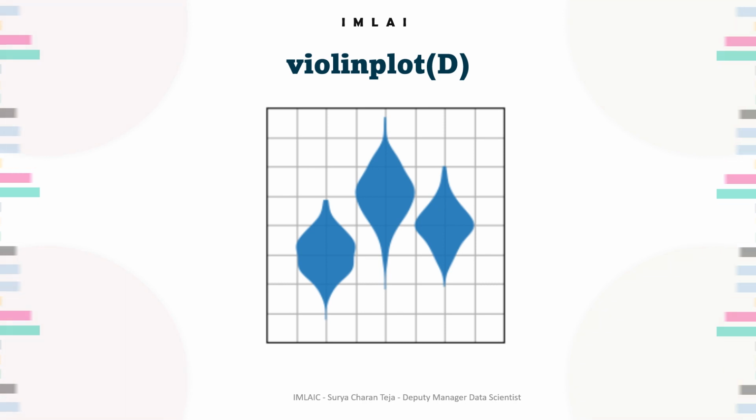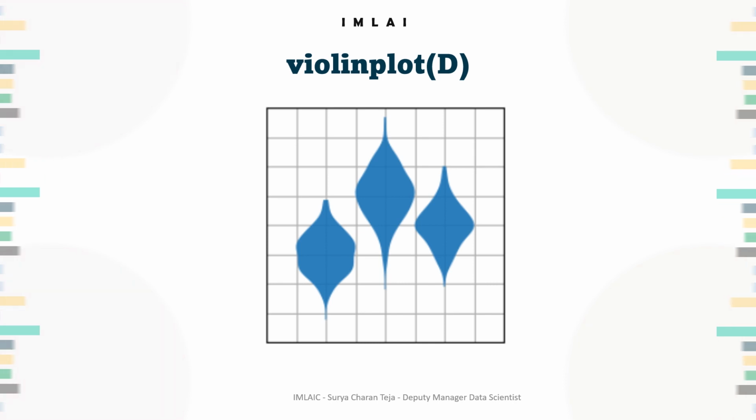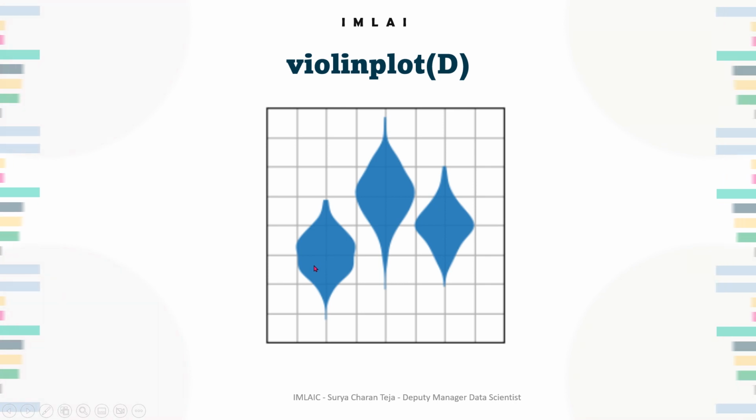To create a violin plot, you need to understand how to read a violin plot. If you look into this, you will have a center line. This center line is 1.5 times the interquartile range, that's IQR.